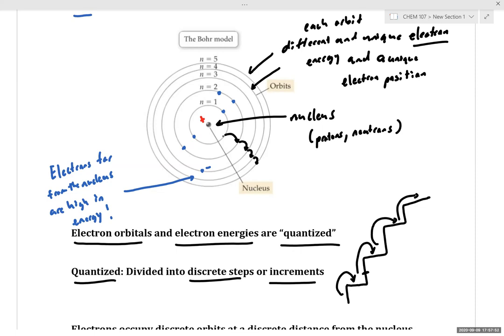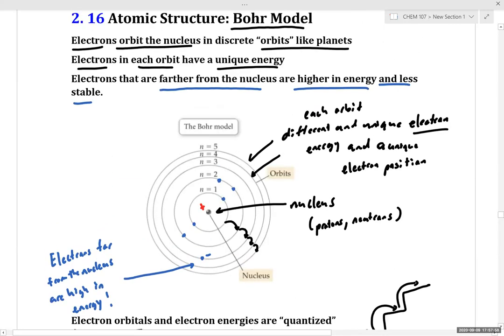Any questions on this? So just as a summary for the Bohr model, the electrons orbit the nucleus almost like planets. Each orbit has a unique energy, and each orbit is at a fixed distance from the nucleus. Electrons that are farther from the nucleus are higher in energy.